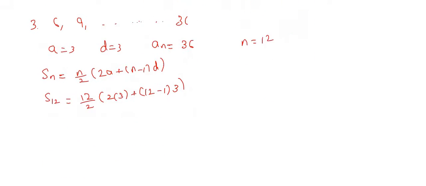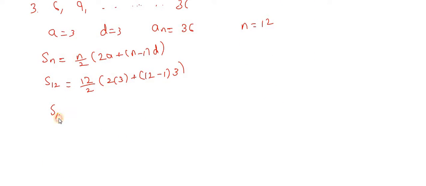Now simplify this further. S12 is equal to 6 into, 2 times 3 is 6, plus 12 minus 1, 11 into 3. S12 is equal to 6 into 6 plus 33.